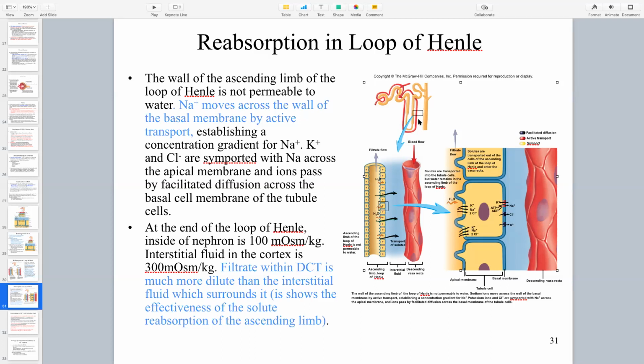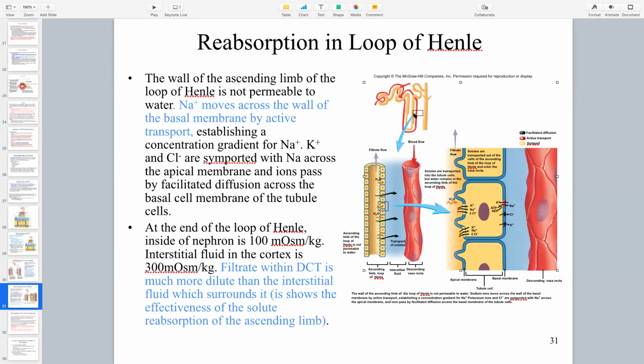Because I can't concentrate the interstitial space, salt doesn't move into your bloodstream. I can't concentrate the vasa recta. Because I can't concentrate the vasa recta, when blood moves up, it's not concentrated. Water then, on the way down here, does water even want to move out? No. Why doesn't water move out on the descending limb?